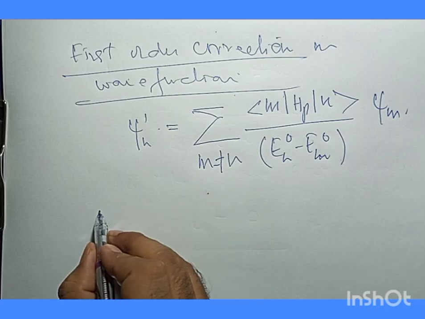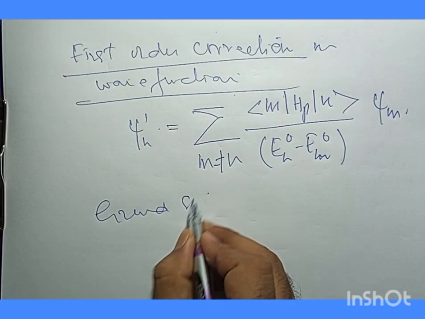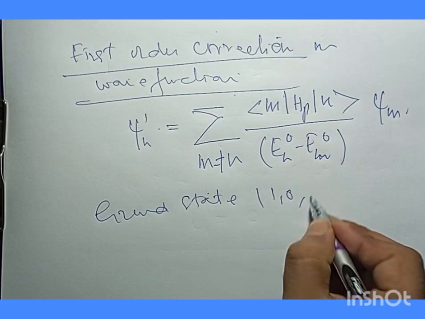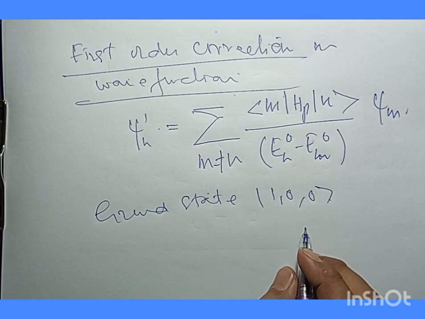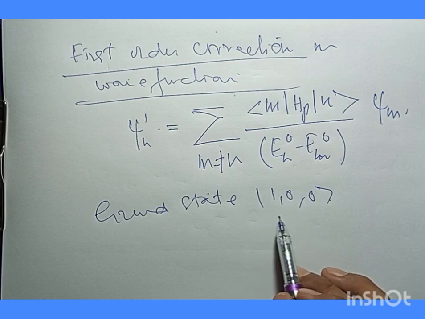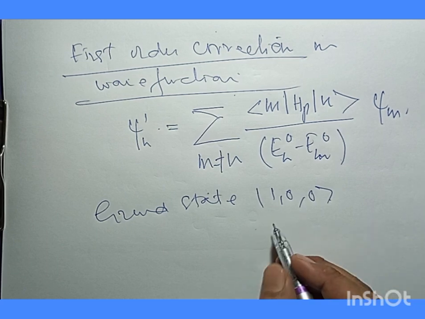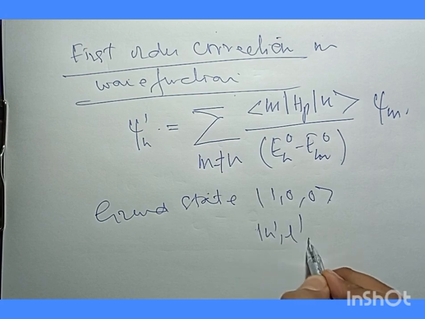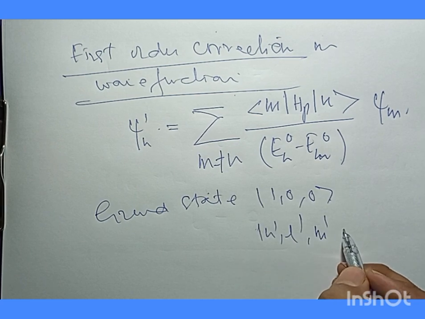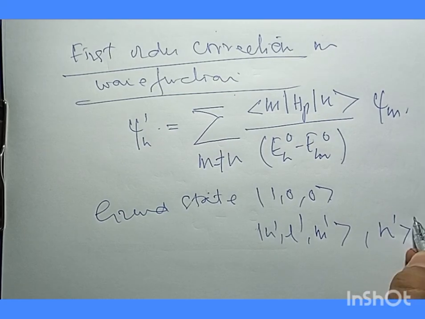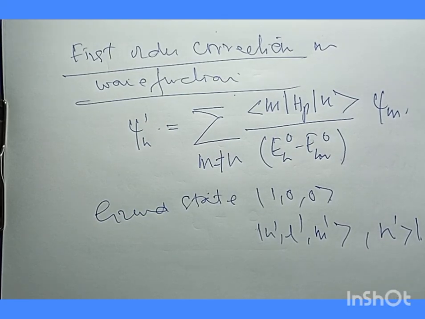what's our ground state? If I talk about the ground state, I have a situation like this: 1 0 0. We need to basically sum over all excited states, and for the sake of argument, let my excited states be n dash, l dash, and m dash, where in all these cases n dash is greater than 1, so that's going to take me to all the excited states.